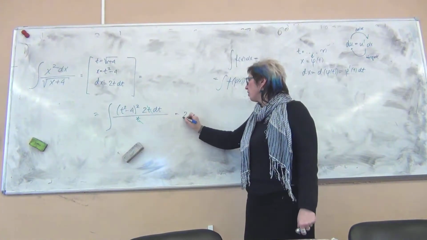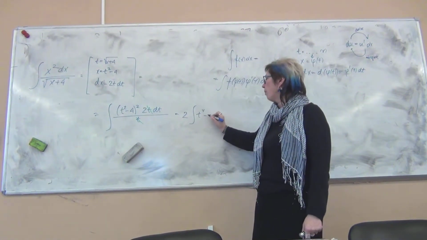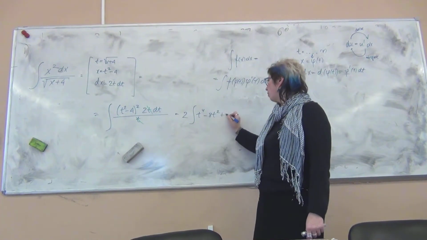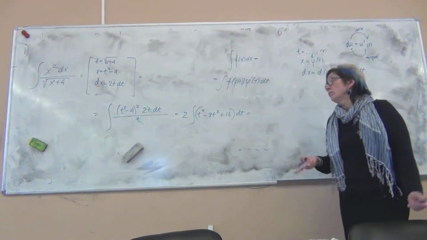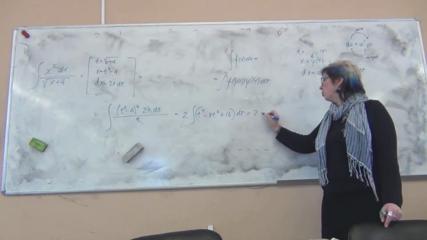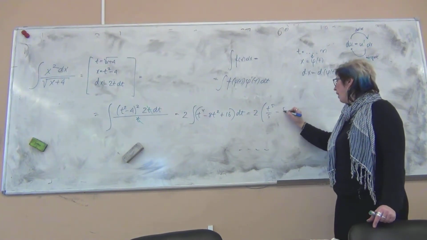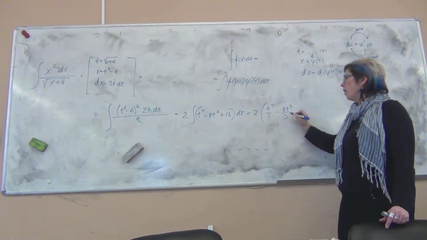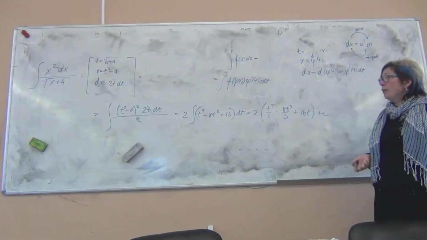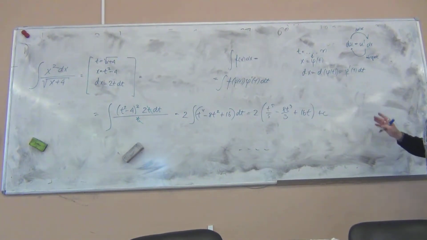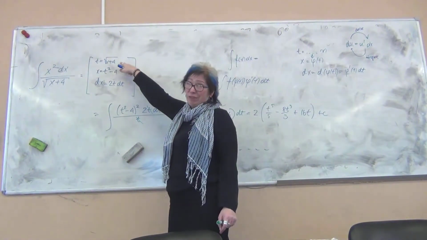So in this case, I take 2 out of the integral, and now I have t to the 4th minus 8t squared plus 16 dt. Simple to integrate: 2 times (t to the 5th over 5 minus 8t cubed over 3 plus 16t). And now all that's left is to put this back instead of t.